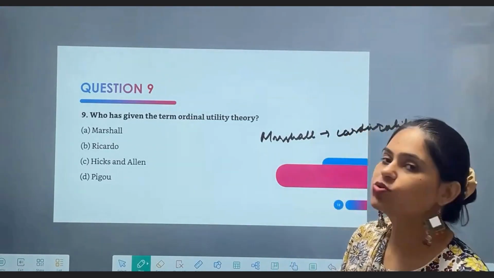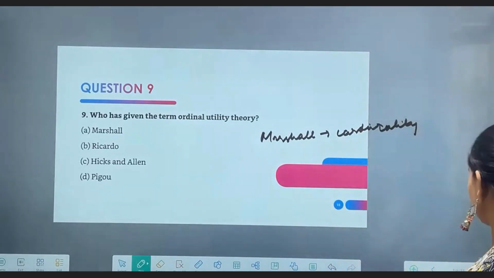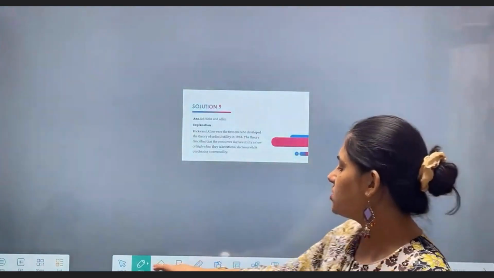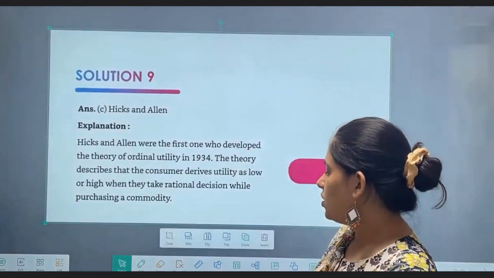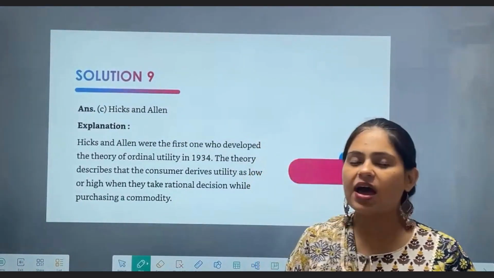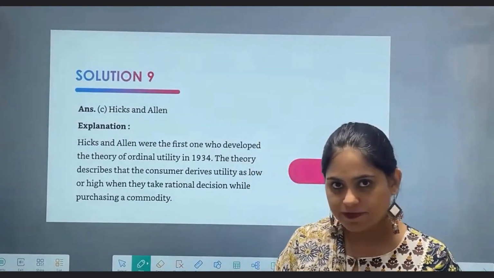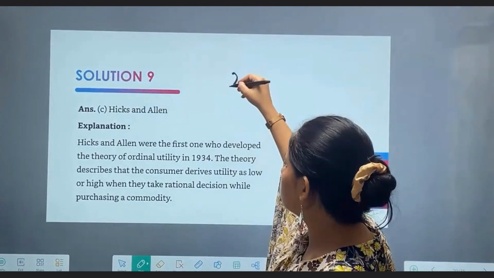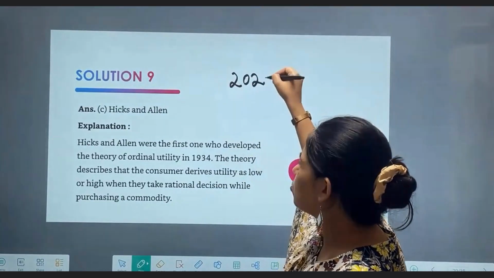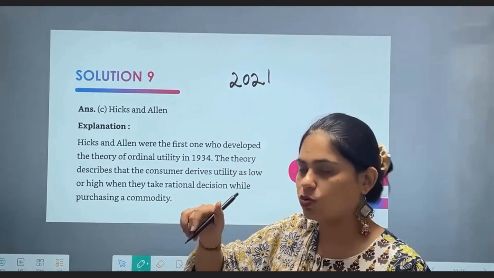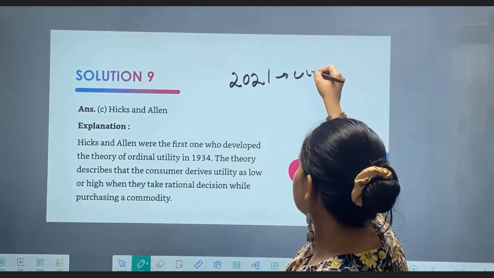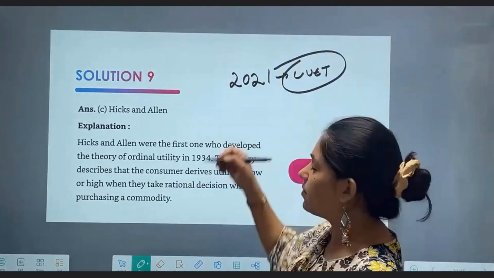Okay, let's see it. It was derived by Hicks and Allen. This has been asked in, I think, the 2021 or 2022 CUET paper. It came in that exam.